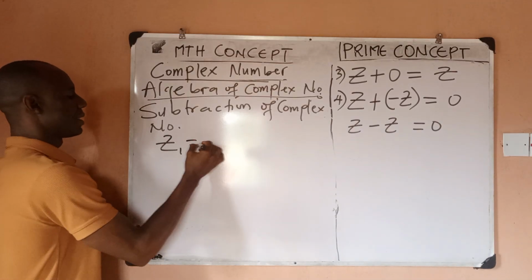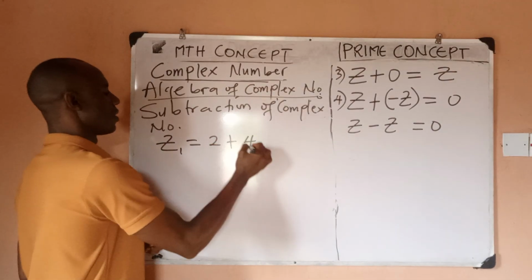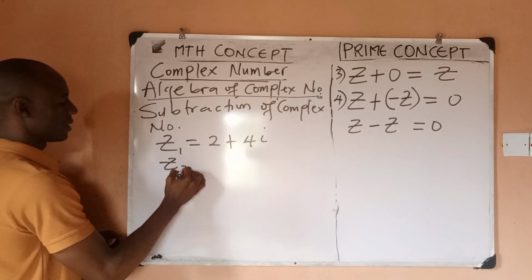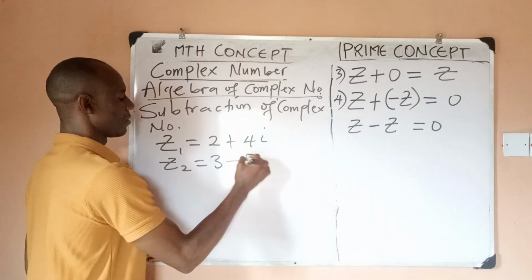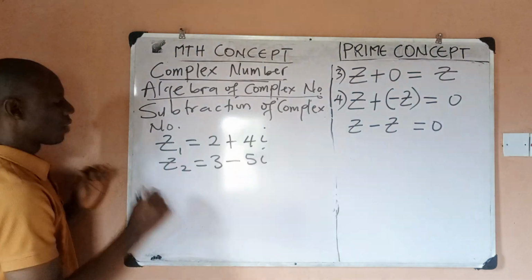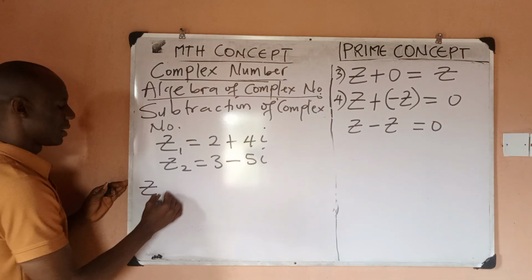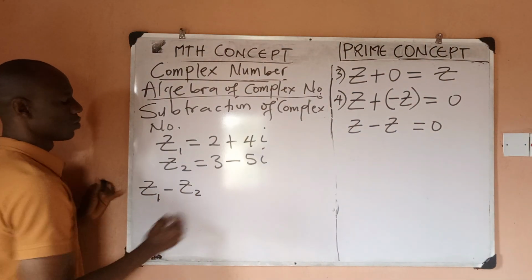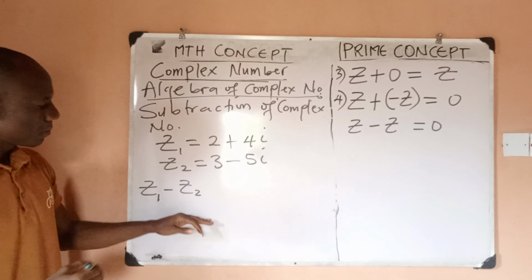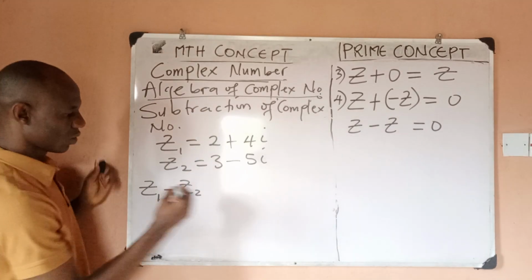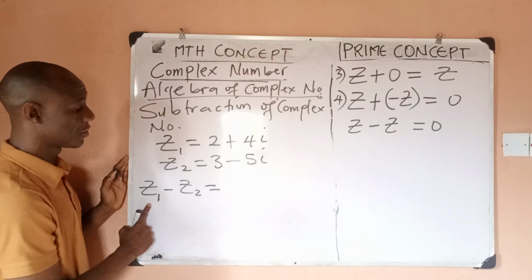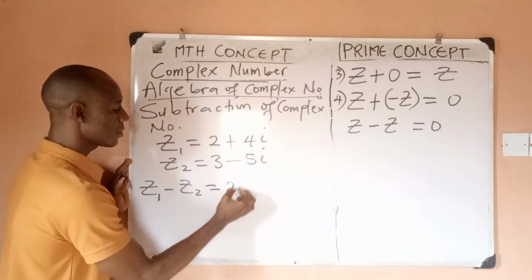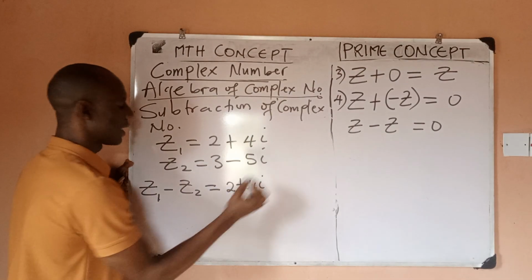Say z1 is equal to 2 plus 4i, and then z2 is equal to 3 minus, let's say, 5i. And I want to find z1 minus z2. Watch what I'm going to do so we don't make mistakes. I'm going to write the complex number z1 first, which is 2 plus 4i.